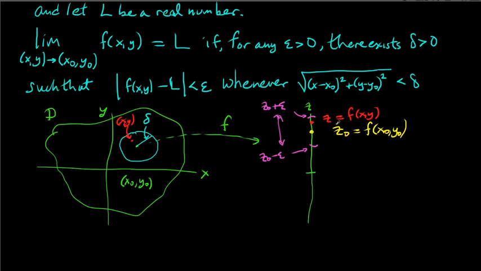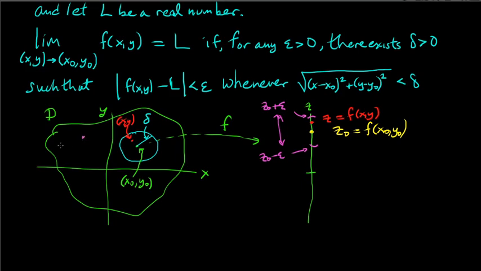So essentially, the closer that this x and y is to x0, y0, the closer z will be to z0. So that's what we mean when we say that the points x and y approach x0, y0. They get closer to it.